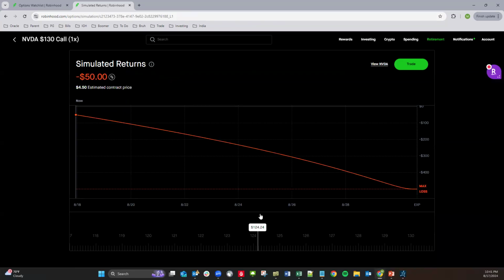So what this shows here is your current date when you bought it, which is now 8/18, and till the expiry, which is 8/30. So this is your X, and Y essentially is your gains, and I'll toggle the stock price to show how much it is.